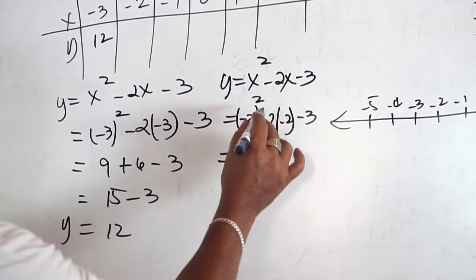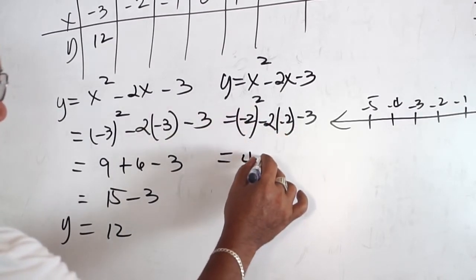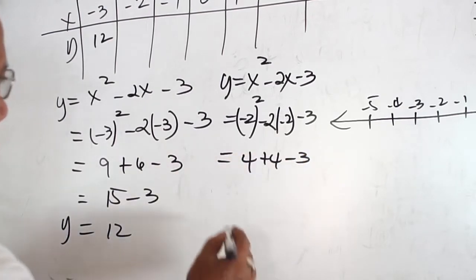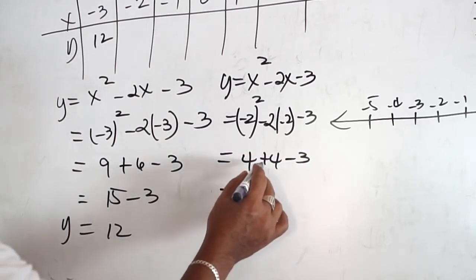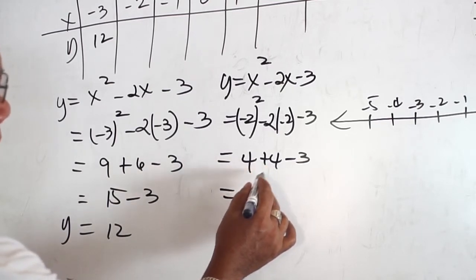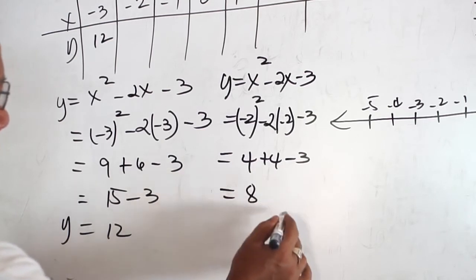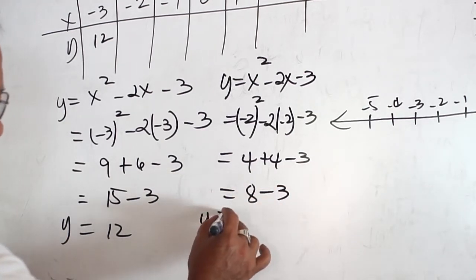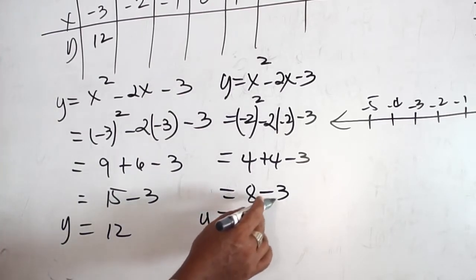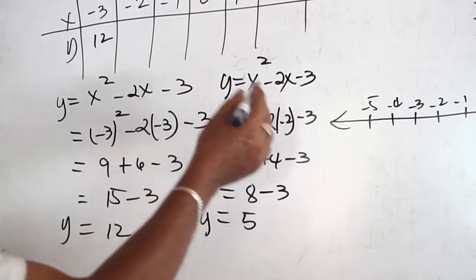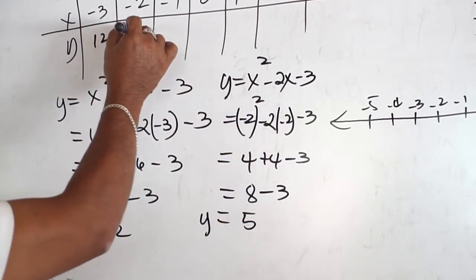Negative 2 times negative 2 is positive 4. Then we have negative 3. Add positive 4 and positive 4, the result is 8. Then 8 minus 3 is 5. So the value of y is 5.